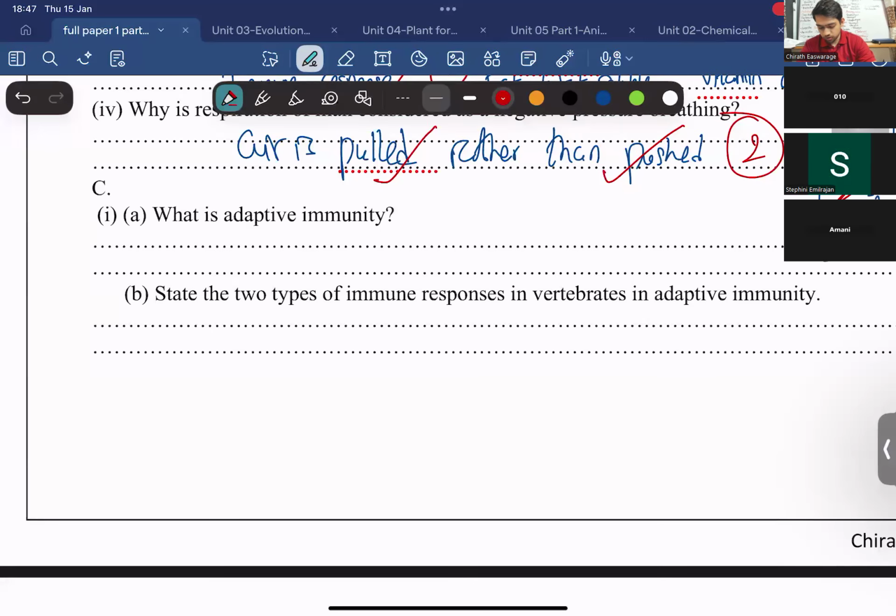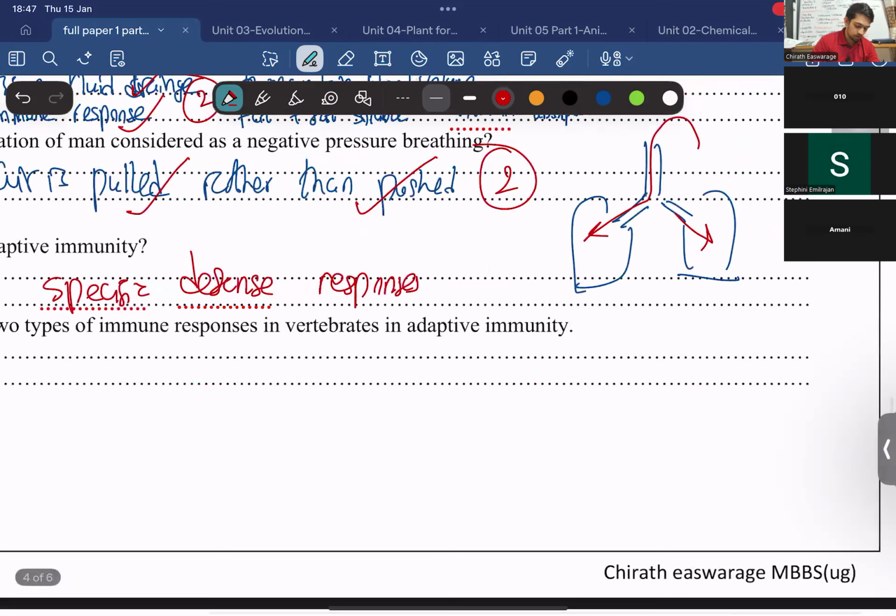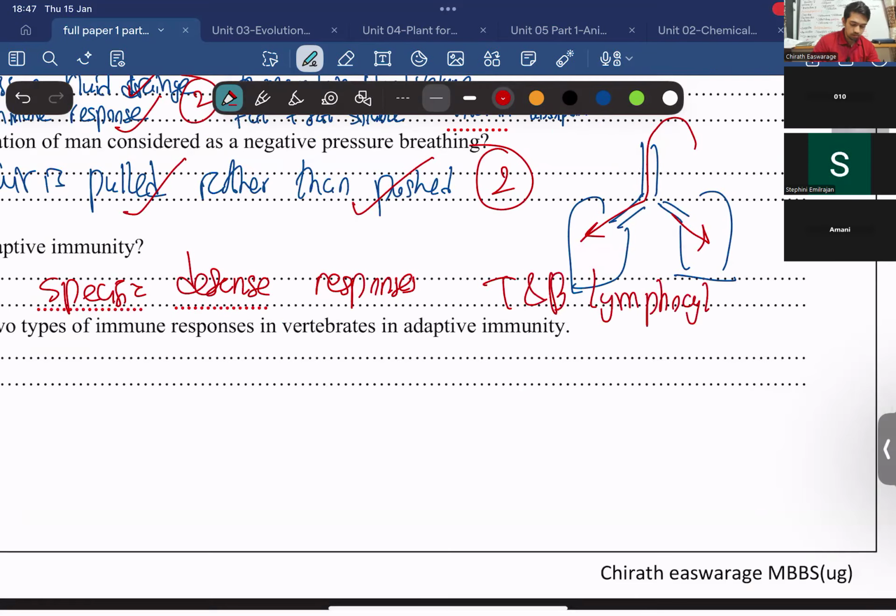Ability of the body to defend itself against invading foreign agents through specific defense responses mediated by diverse T and B lymphocytes. Very, very important. Who are the main mediators of specific immunity, adaptive immunity, acquired immunity? Your lymphocytes.